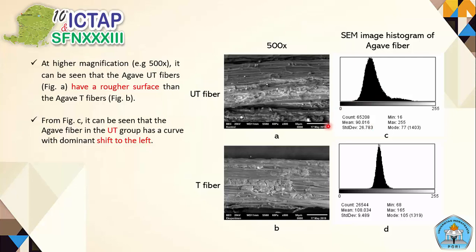The average pixel value of the untreated agave fiber was 90.016 pixels, with a standard deviation value of 26.783 pixels. A high standard deviation indicates that the cavities on the surface of the untreated fiber have a wider spread area. The percentage intensity of the cavity can be calculated by determining the ratio of the standard deviation to the average pixel value.